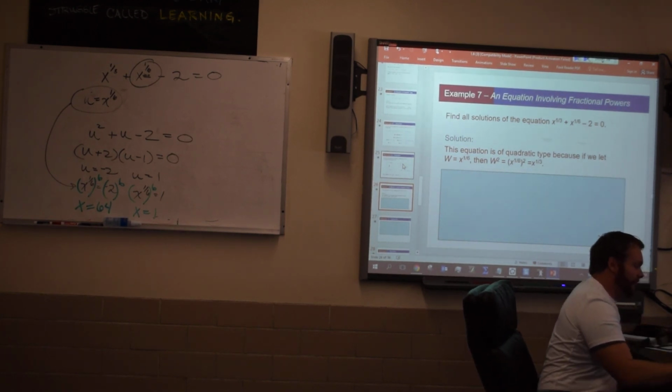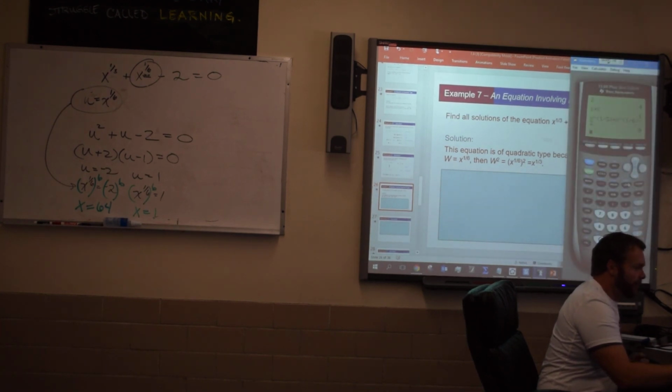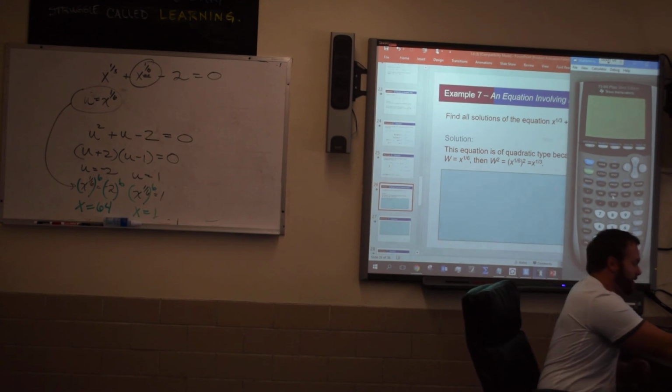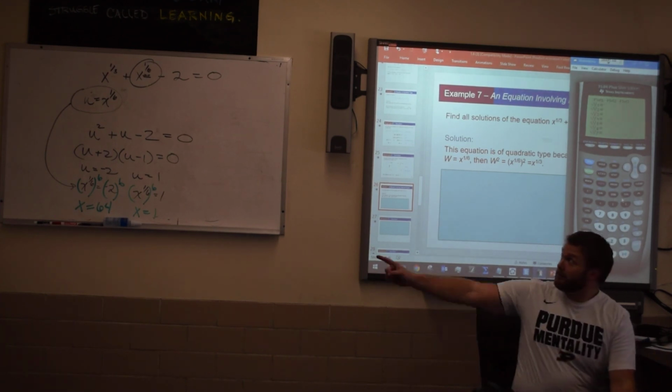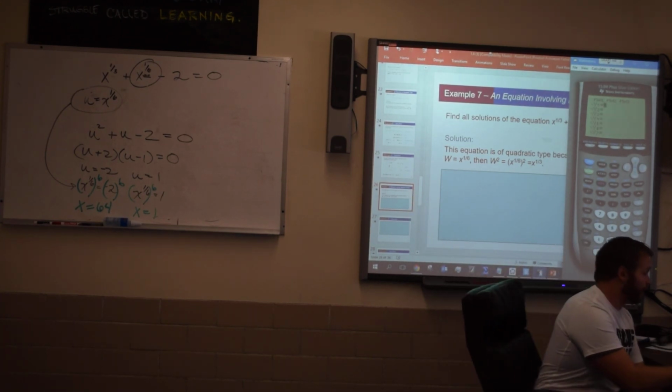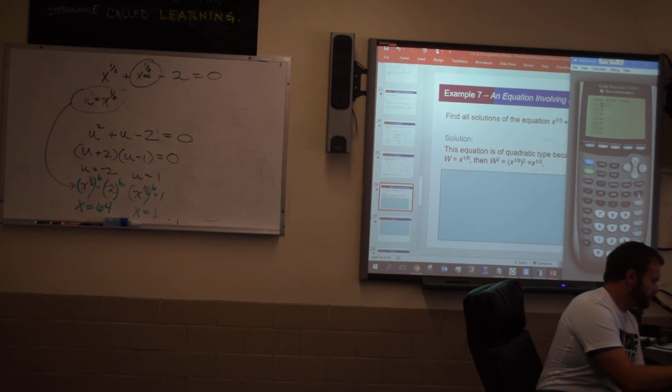So now that you have those two solutions, there are a couple of different ways you can check them. I think one of the easier ways is to go to y equals and type in my equation, x to the 1/3 plus x to the 1/6 minus 2. This is going to save you time in checking both answers pretty quickly. Make sure you got your exponent there.